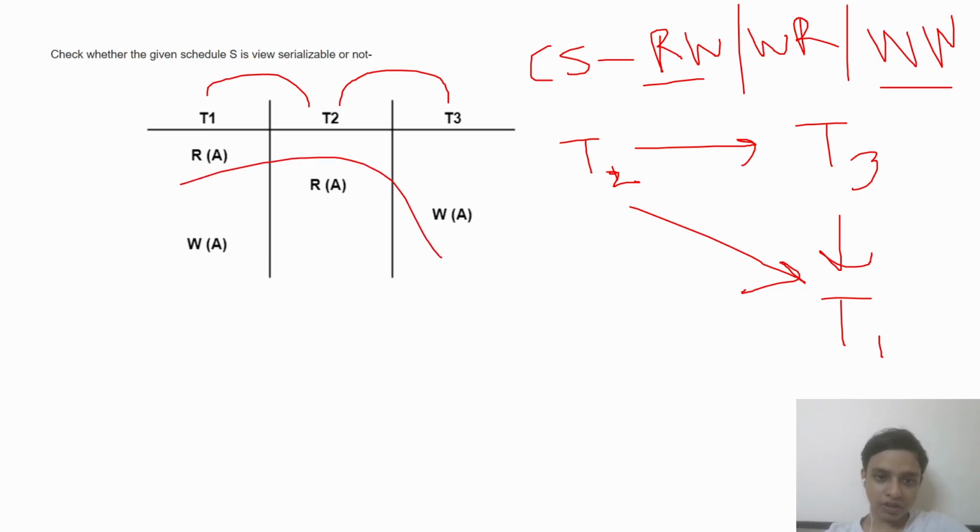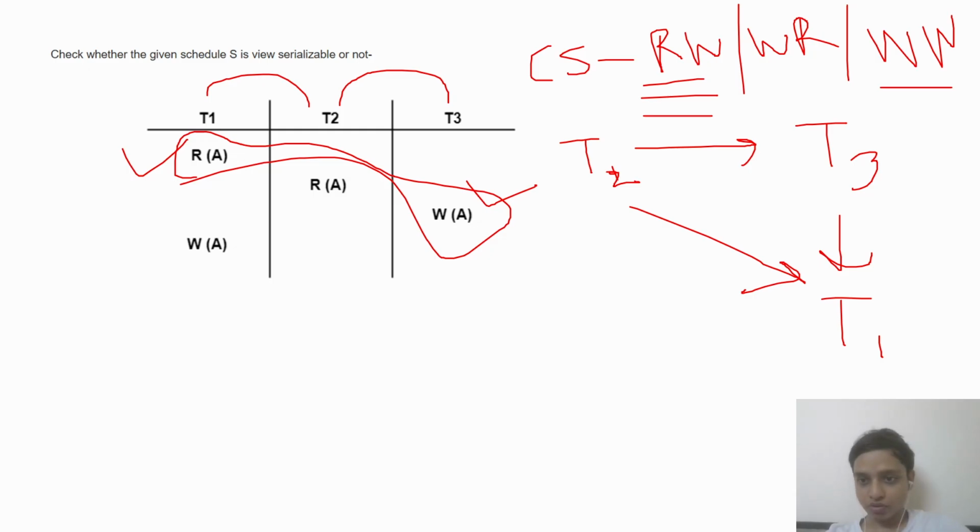Read is first done by T1 and then the write is done by T2. So we have RW conflicts many times. Approximately we have three RW conflicts and one WW conflict. So a T1 to T3 arrow should be there. You should understand this. We should find the conflict between every transaction.